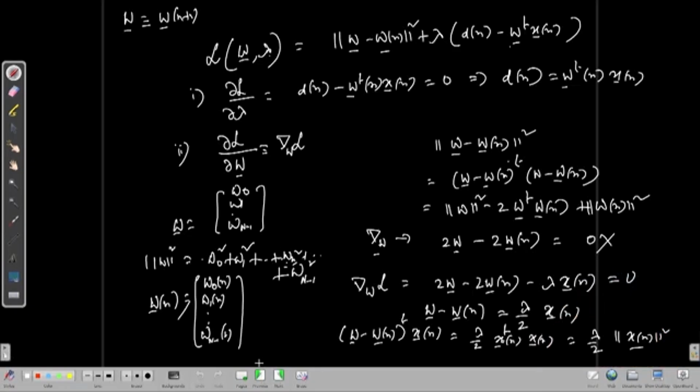Therefore, if I bring it back here, use that lambda here, then what do I get? Okay. W I keep on one side, and W n and this term on the other side. So W will be W n plus lambda by 2 x n, right?